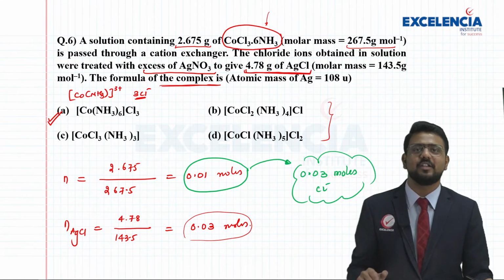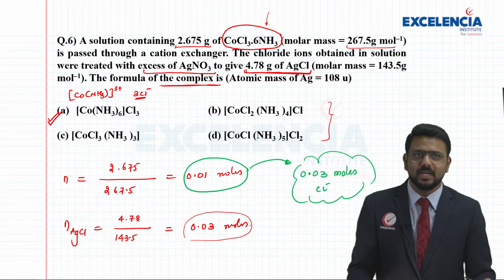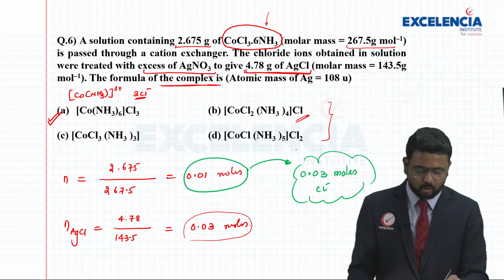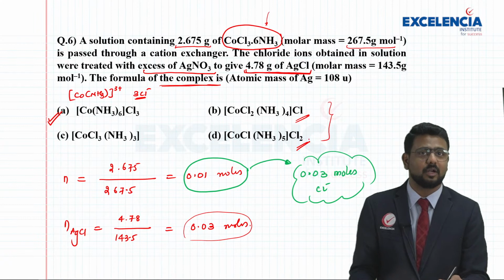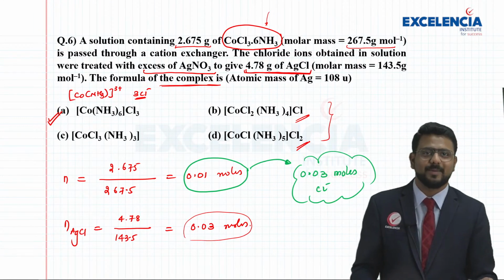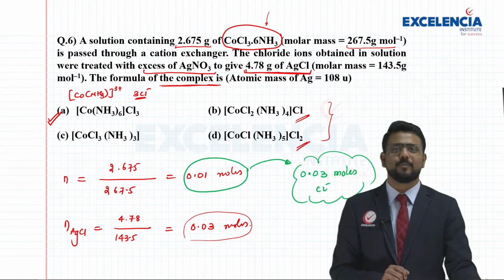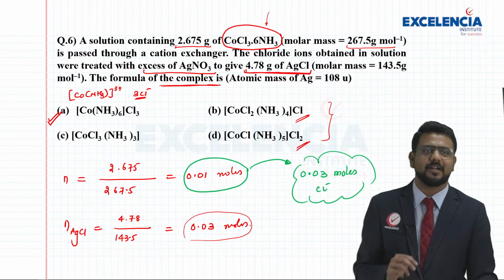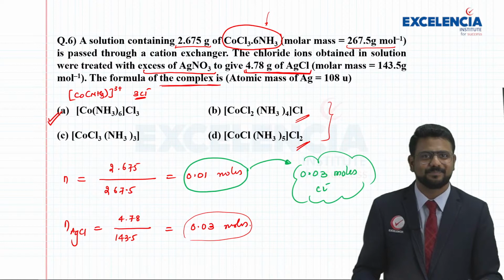So definitely your answer here is A. If we look at option B, only 1 chloride ion will be generated. Option D, only 2 chloride ions will be generated. Option C, no chloride ions will be generated here, right? So definitely your answer should be A. I hope you got a clear understanding with respect to this particular question.